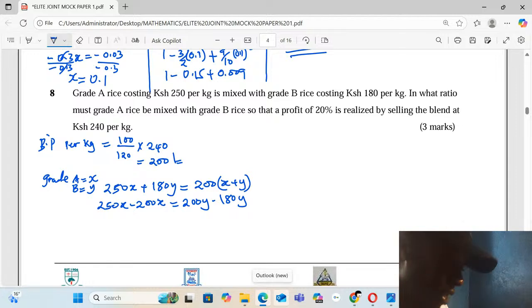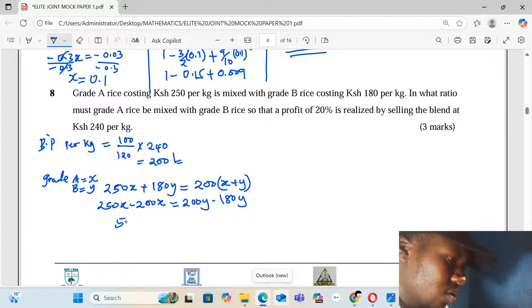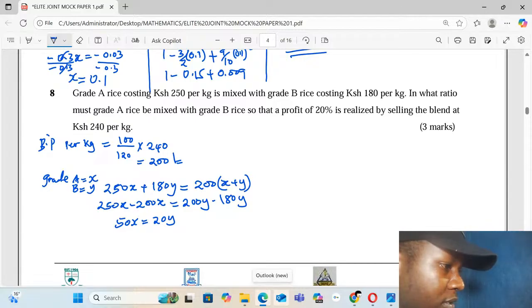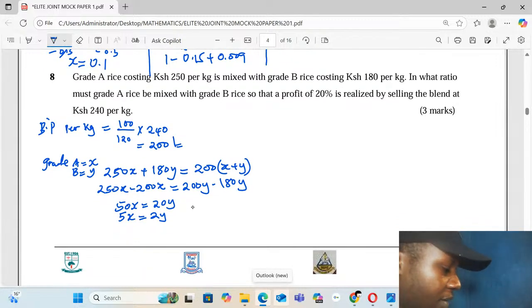So we have X and Y, so that here we are going to remain with 50X to be equal to 20Y. So 50X is equal to 20Y. So when you simplify, we remain with 5X to be equal to 2Y. The zeros disappear. Having this, 5X is equal to 2Y.